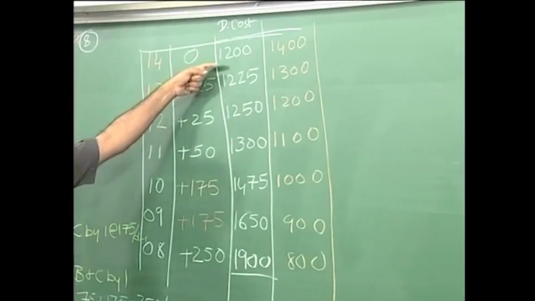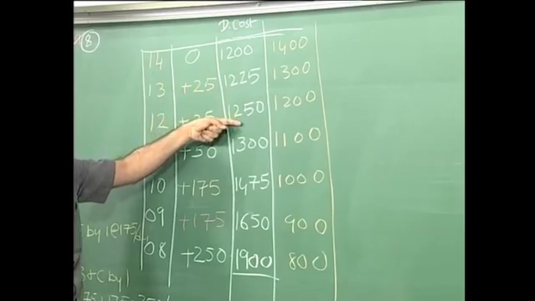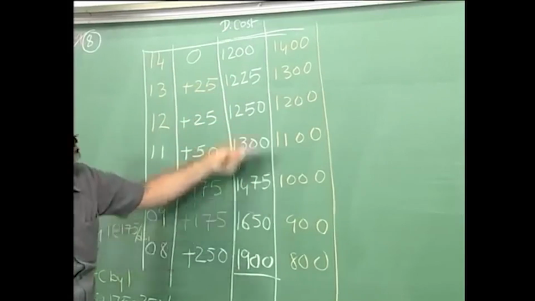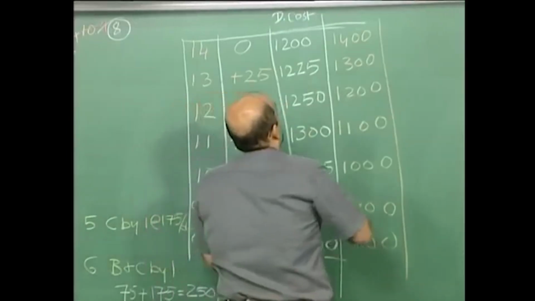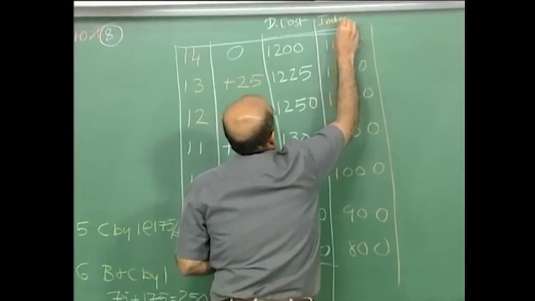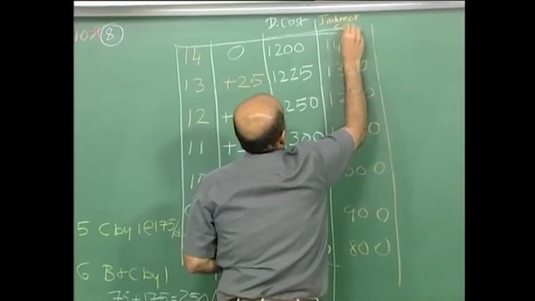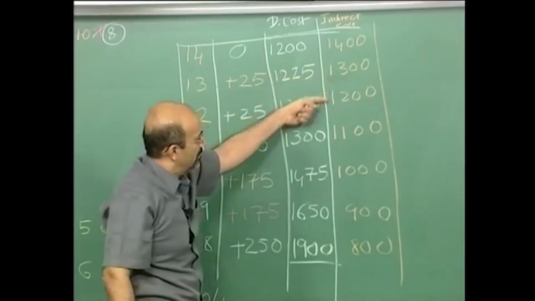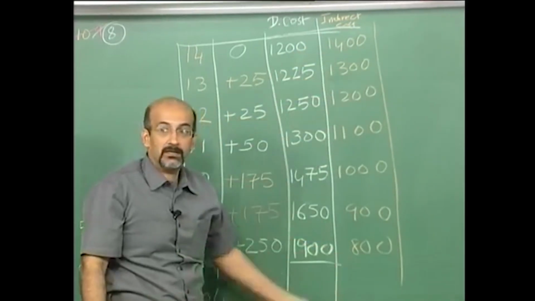So here you find the direct costs increasing, and here is the indirect cost, where the numbers are decreasing.